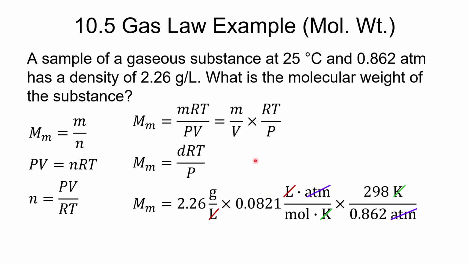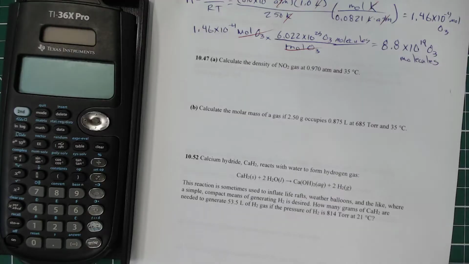So our molar mass in this case is going to come out to 64.1 grams per mole. So we can calculate the molar mass. Now, if enough information is given, we can calculate any of these quantities, including the density. So let's switch over to number 47.